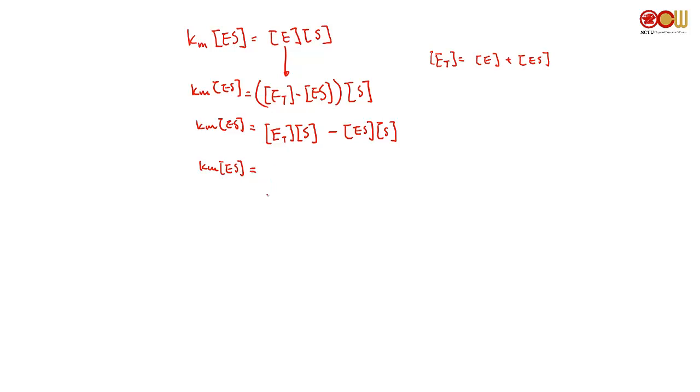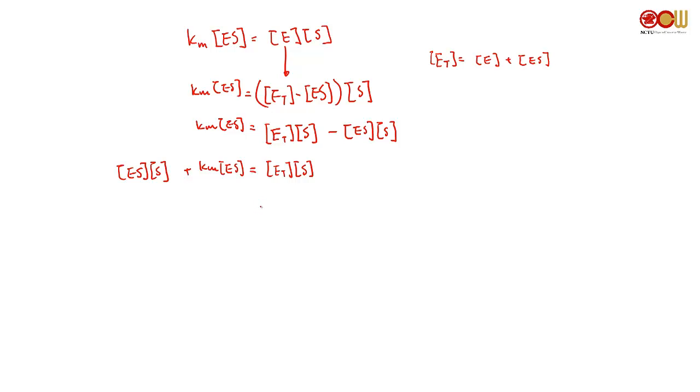And essentially, plus ES times substrate S. So now I got rid of E, and now I have ES, E total, and substrate concentration.